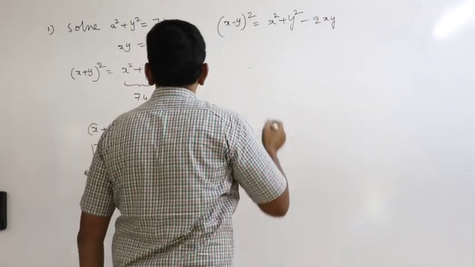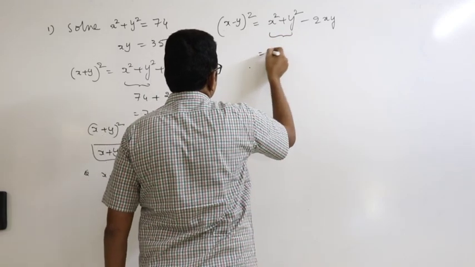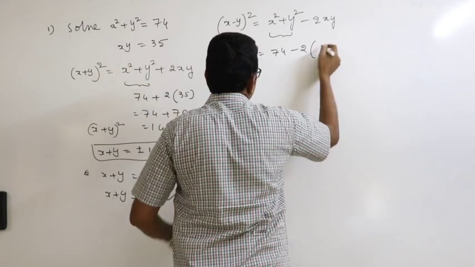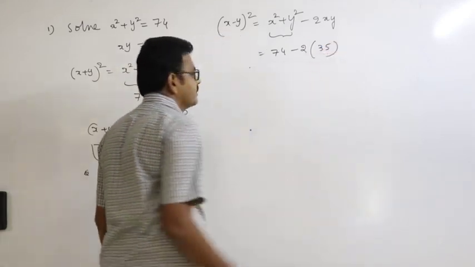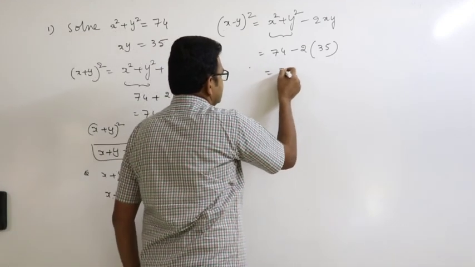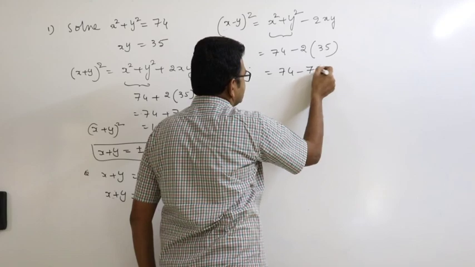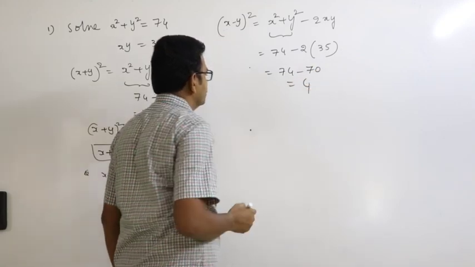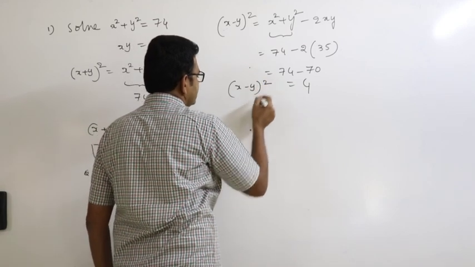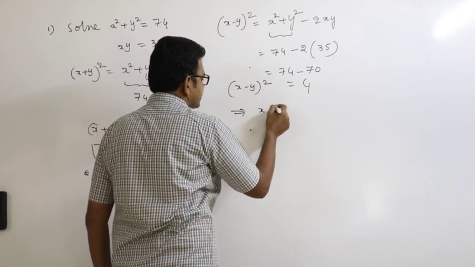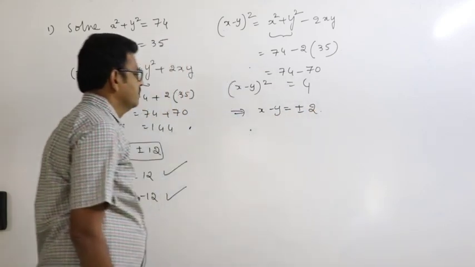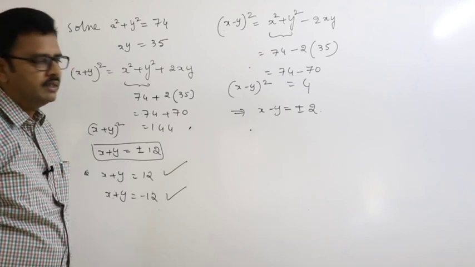Now x square plus y square is 74 minus 2 times of xy 35. So this is 74 minus 70, that is 4. This is x minus y whole square, implies x minus y is equal to plus or minus 2.